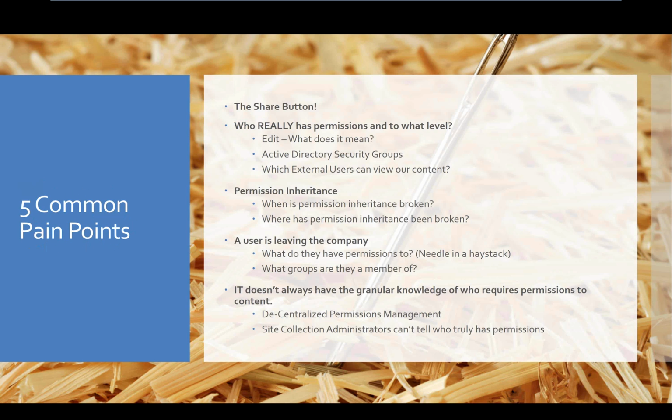Obviously, within an Office 365 SharePoint Online environment, we have external users as well to be concerned about. So what happens there when we share with an external user? Obviously, one of the things that happens, again, just like sharing a site in SharePoint on premises or sharing a SharePoint team site in SharePoint Online with an organization user, you're going to give them the default permission level or the default group.